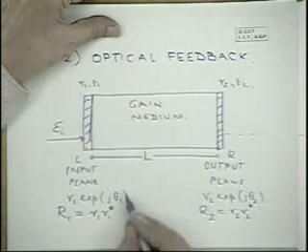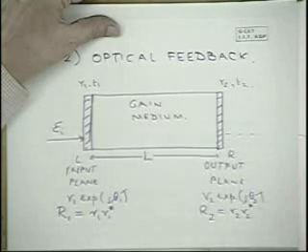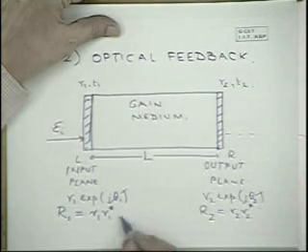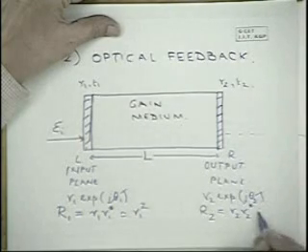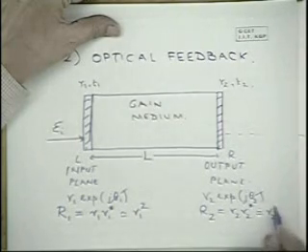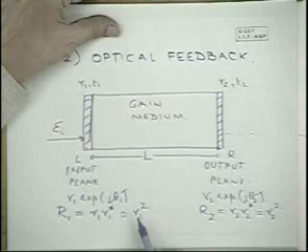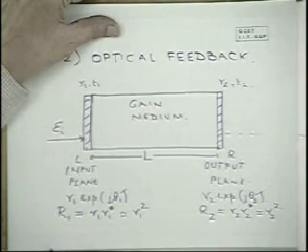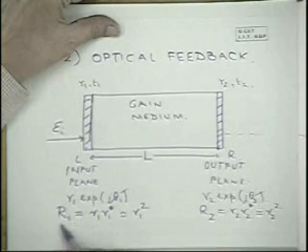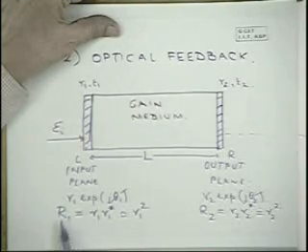If we neglect these thetas, the phase changes, this is equal to R1 squared, and this is equal to R2 squared. So the small r's are the reflection coefficients of the electric field, and capital R is the reflection coefficient for the incident power.